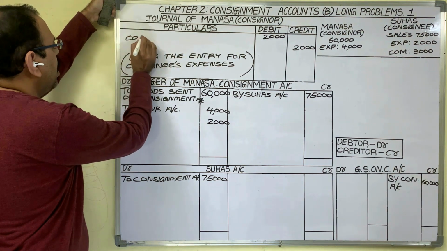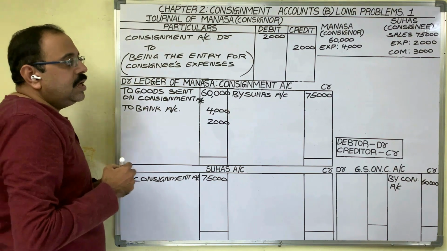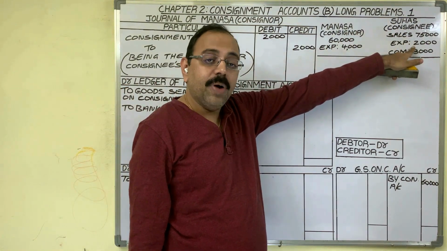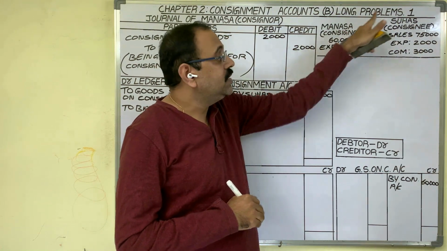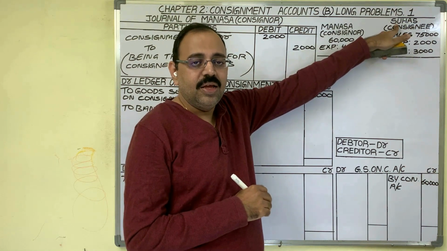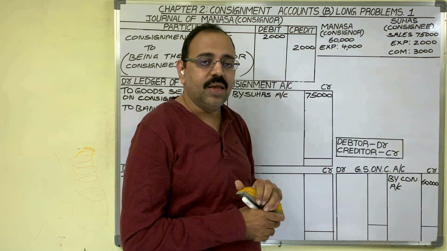Consignment account debtor. Which account is to be credited? See, consignee paid 2,000 rupees expenditure. But whose sale this is? Consignor's sale. So consignee is not going to bear that expenditure finally. Finally, we should return that 2,000 rupees to consignee.